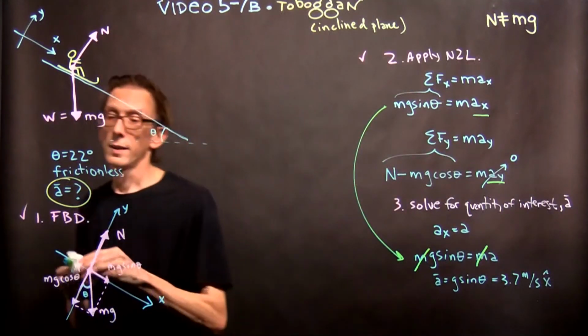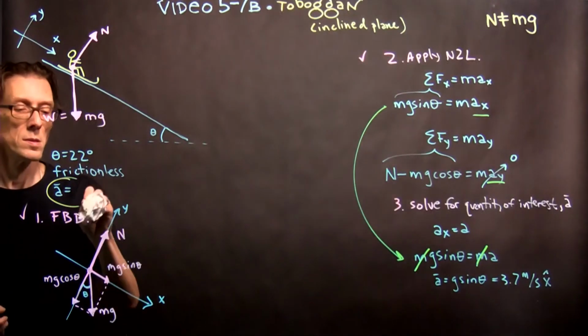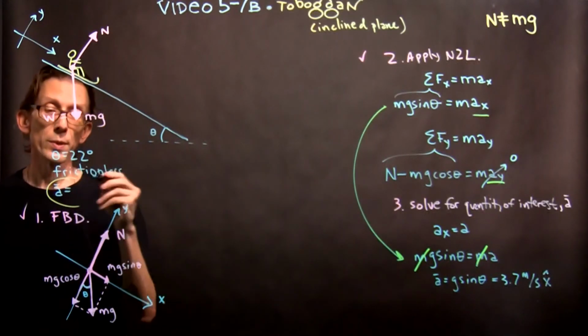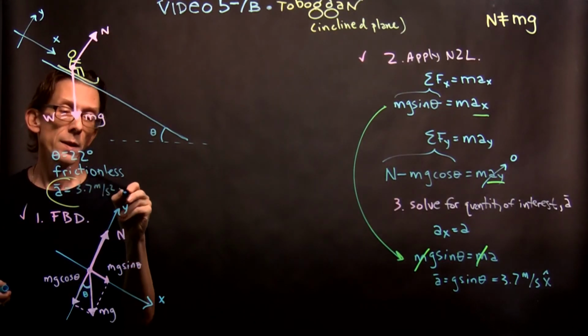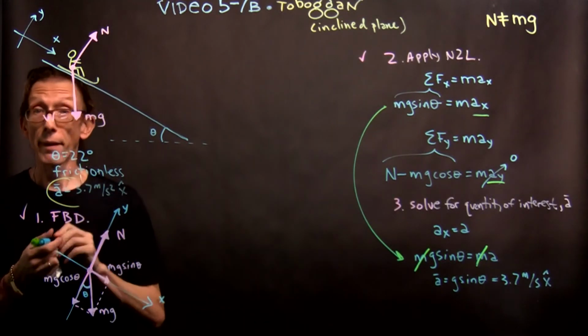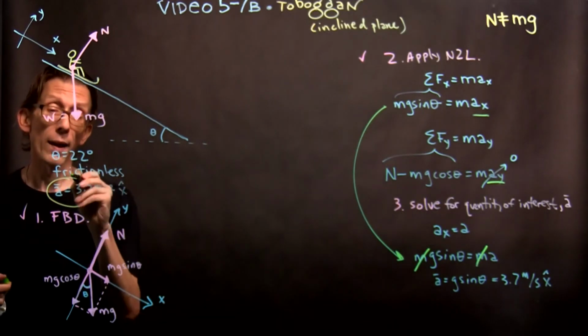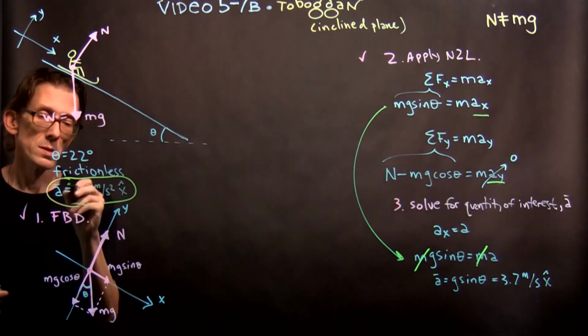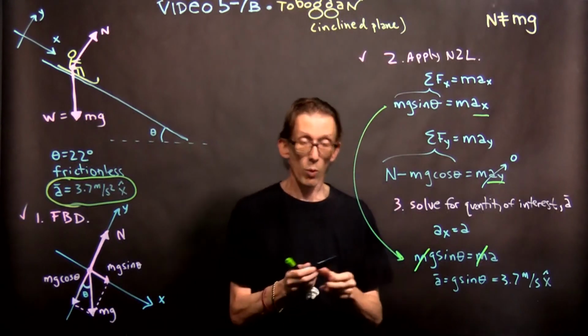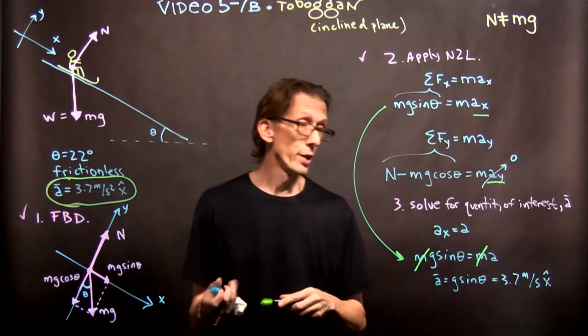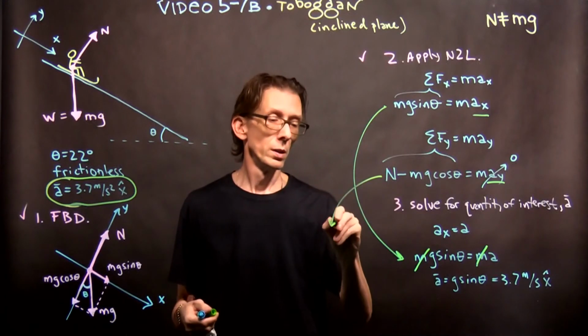A is 3.7 meters per second squared in the x direction, which is downhill, because we oriented our axis that way. One more thing I want to say to get us up to the 18-minute mark with this one.